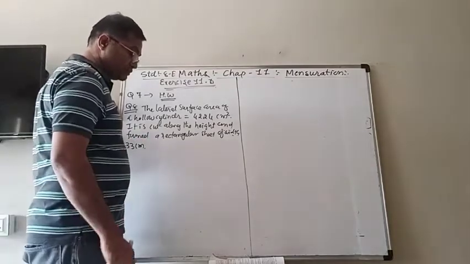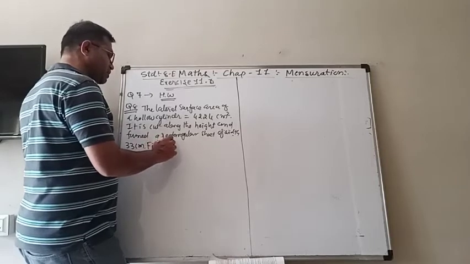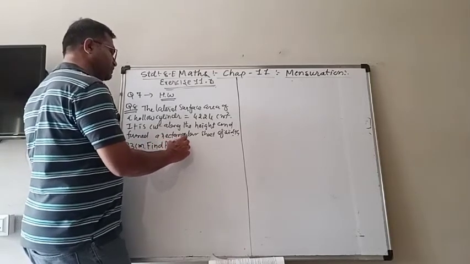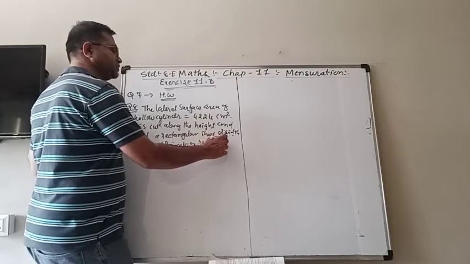And what we have to find? Find the perimeter of the rectangular sheet.